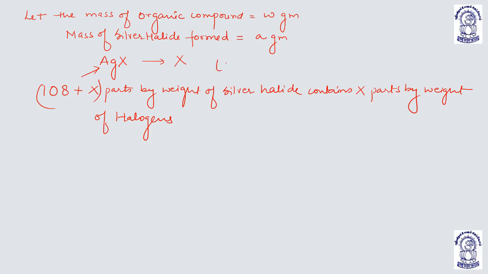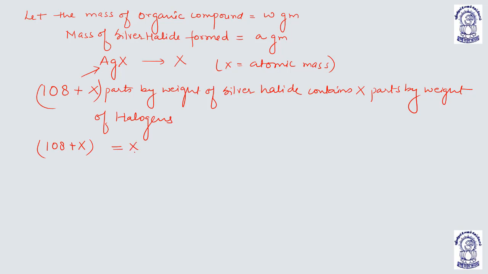So 108 plus x grams of silver halide will give x grams of halogen.